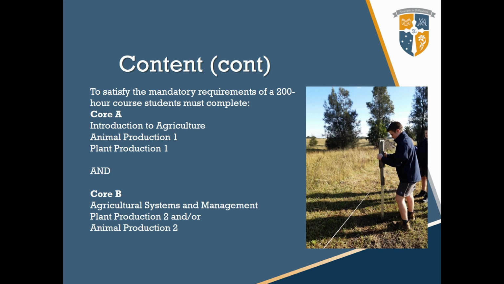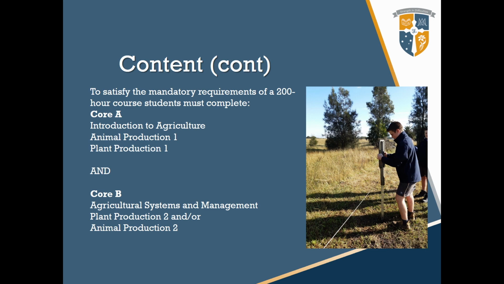Okay, core module B, as I mentioned before, they'll learn about agriculture in a wider sense. They'll then move on to plant production 2. Now, what happens there with plant production 1 and 2? They won't revisit the veggie garden.